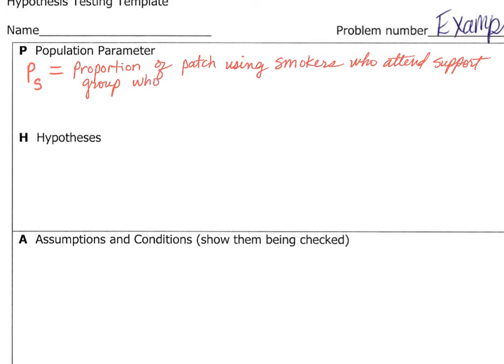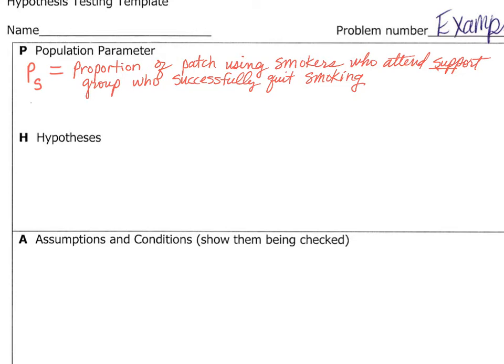Who successfully quit smoking. That's the numerator. Okay, again, I'll read it. Proportion of patch-using smokers who attend a support group. That's where my S came from. Who successfully quit smoking.